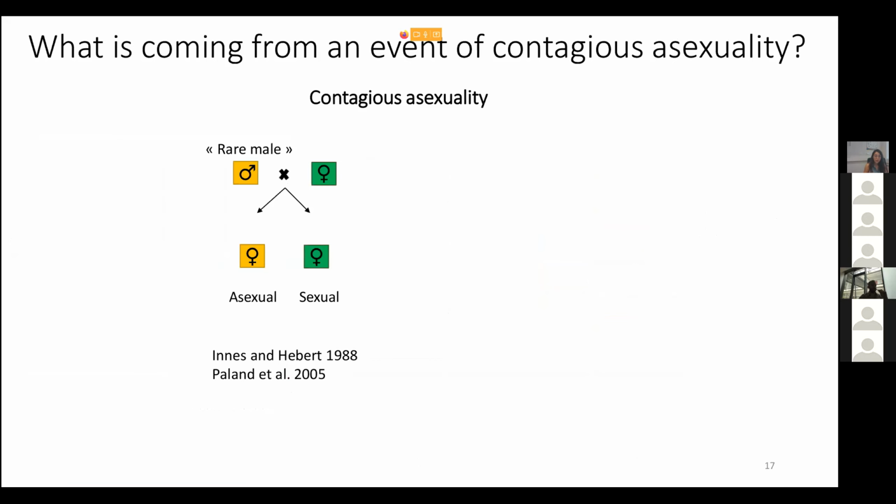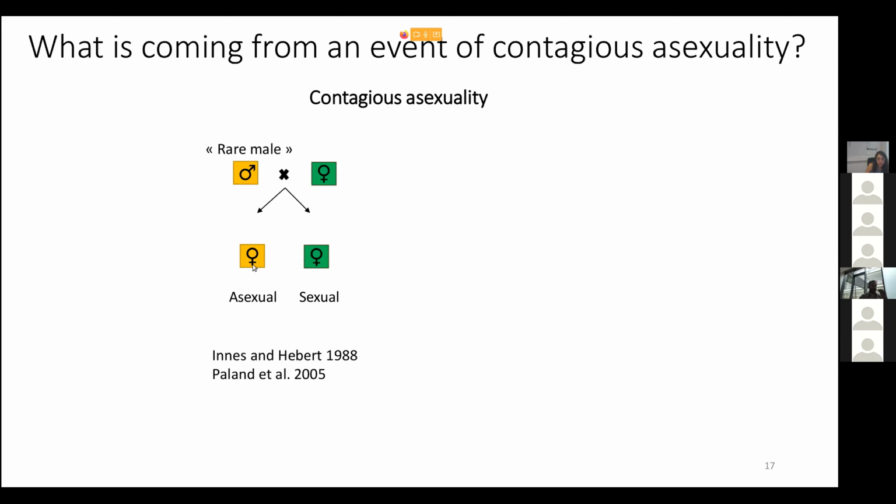So altogether, these results suggest that the new asexual lineages we produced here by a contagious event differ from those found in nature, both in terms of asexual fitness and also in terms of the asexual phenotype.